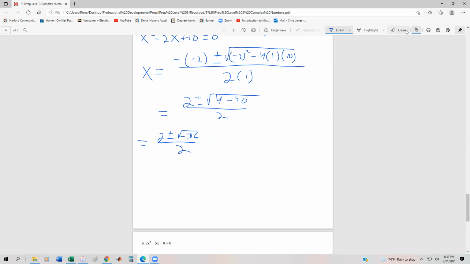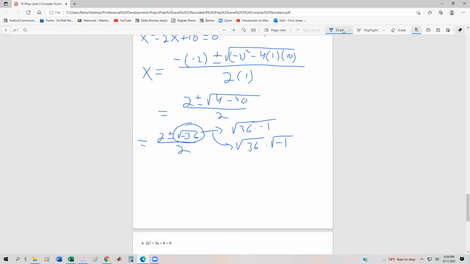Now this is where we start to see that there's no real solution to this, but there are two complex solutions. The way to simplify the square root of negative 36 is to think of this as the square root of 36 times negative 1, which is the same thing as the square root of 36 times the square root of negative 1.